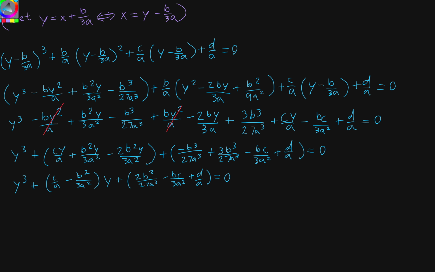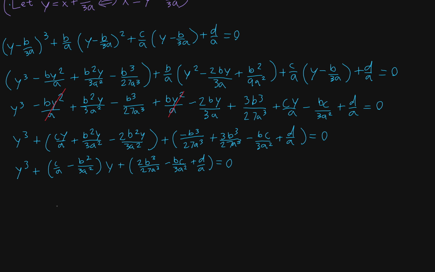Now this is where we get the p and q from where you saw at the beginning. So here we have y³ plus py plus q equal to 0.